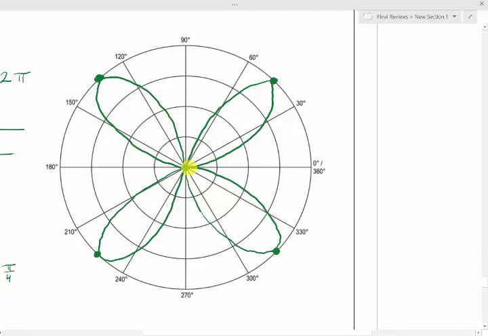Now, of course, you can see my rose is not the prettiest, so you can go back and fix it a little bit, but we're looking for just a general sketch of what's going on. So it doesn't have to be perfect. We just need to know generally what the graph of our function is doing.